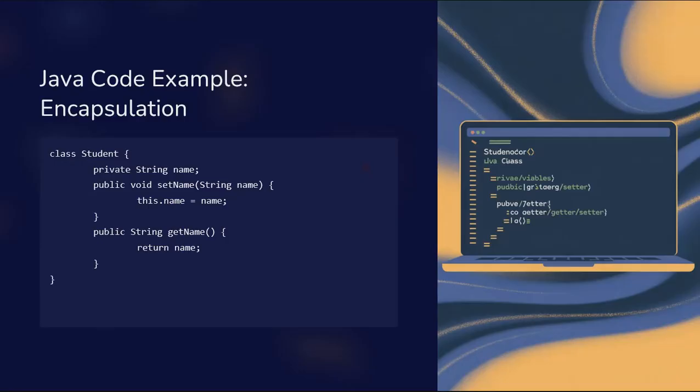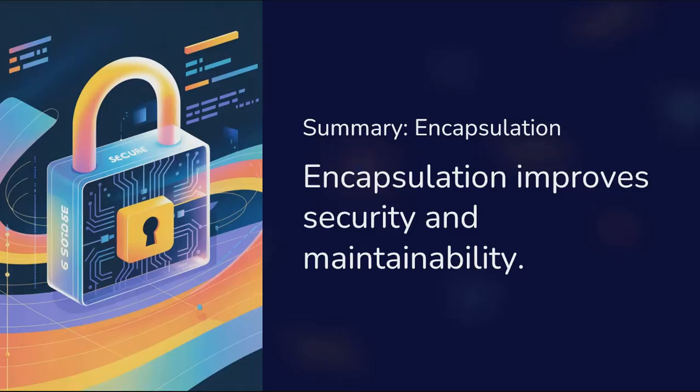You can see that here Student is a class, with one private variable, string name, and setName and getName are the getter and setter. You can access your private variable using the getter and setter. So one variable with a getter and setter, you can explain it as encapsulation's best example. So encapsulation improves security and maintainability. So let's move to the next question.